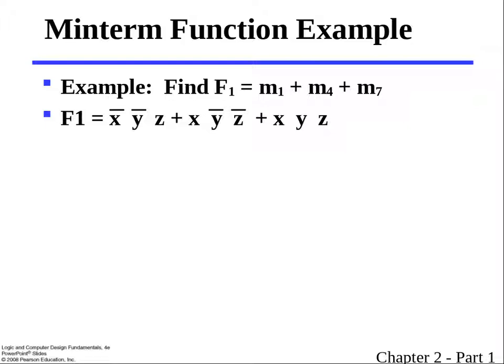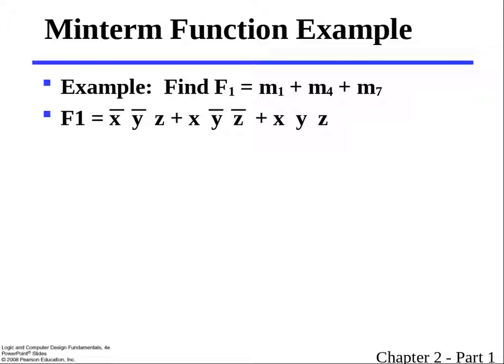Good example. So this is a sum of minterms. They're using the word sum to replace that plus, which is really an OR. I know that'll get a little confusing, but that's how they decide to go about it. So the sum of minterms with 3 variables is equal to this. Why is that the case?